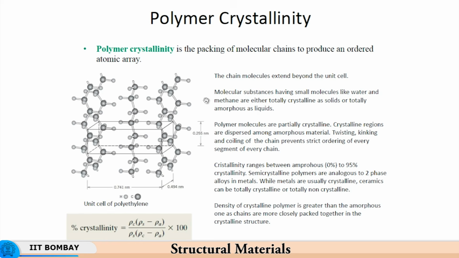Particularly when you have macromolecules, yesterday we did a small calculation and found that the monomer gets repeated 338 times. Over such a large amount of repetition, it might be difficult to get an ordered atomic array and crystallinity in the macromolecule. So you can have crystallinity or ordered arrangement of atoms in a very local domain.